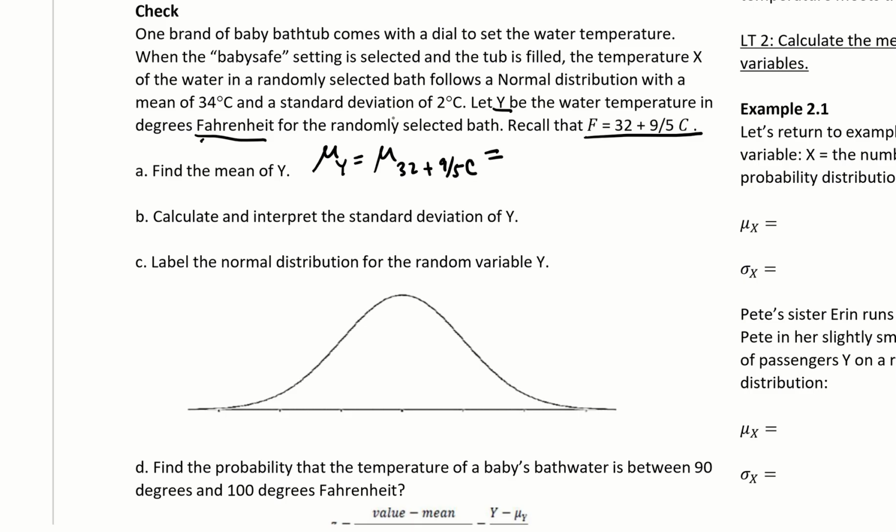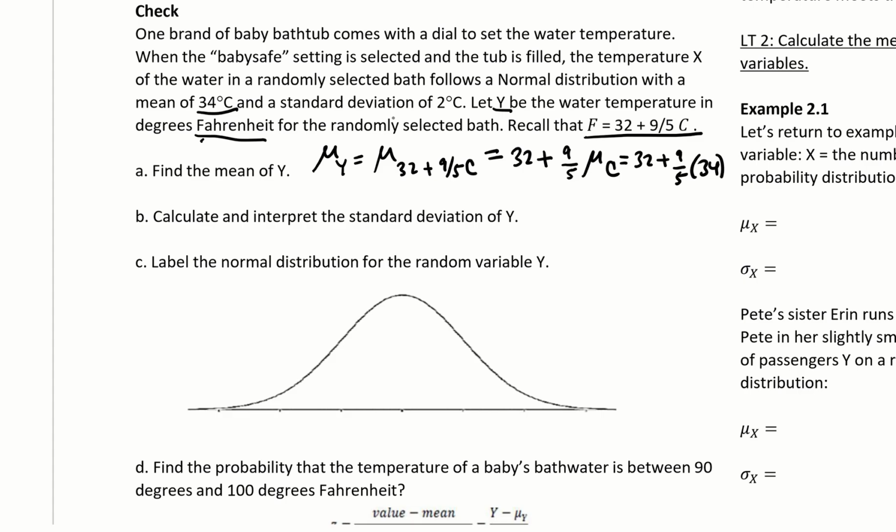The 32 just adds, according to what I talked about, plus the 9/5 just multiplies the mean of C by 9/5. The mean is 34 degrees Celsius, that's the mean of C, so we multiply by that to get our result.